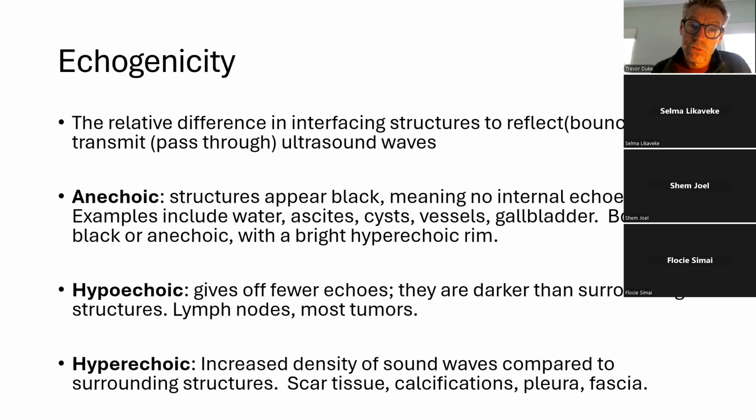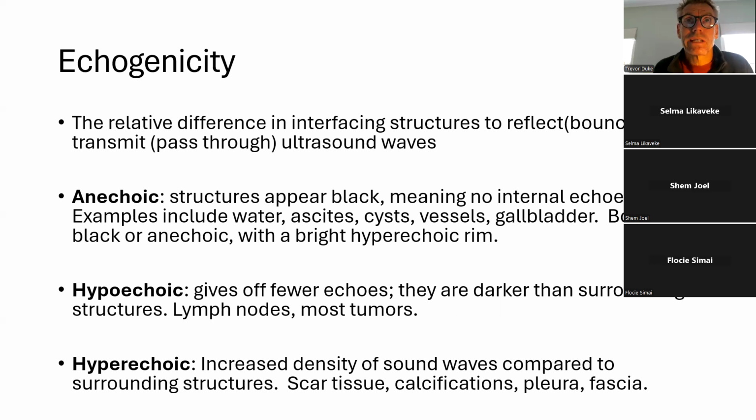The relative difference between whether the sound waves bounce off the structure or transmit through it gives you the pictures on the ultrasound. When different structures interface with each other, the relative degree to which the sound waves bounce off or are transmitted through is what gives you the picture.